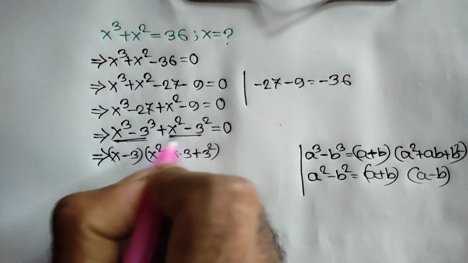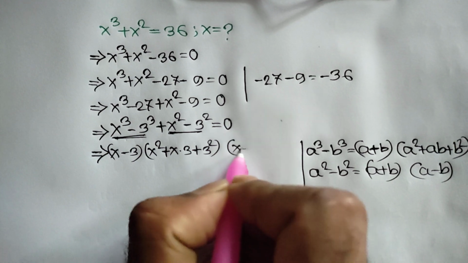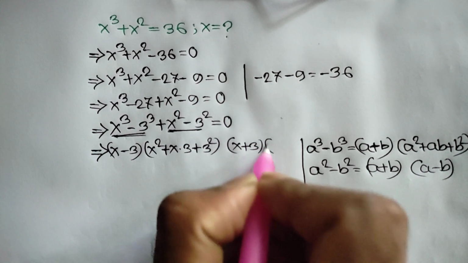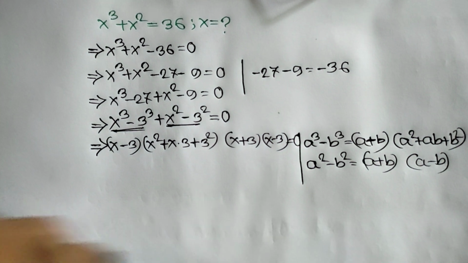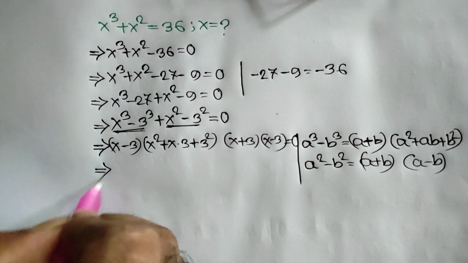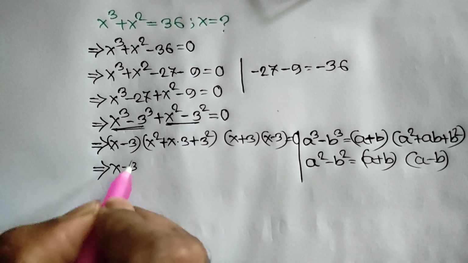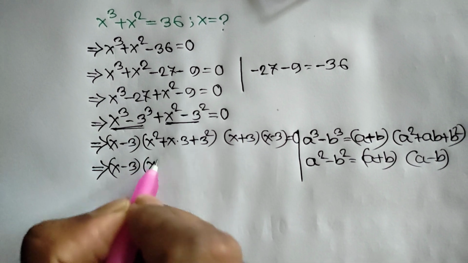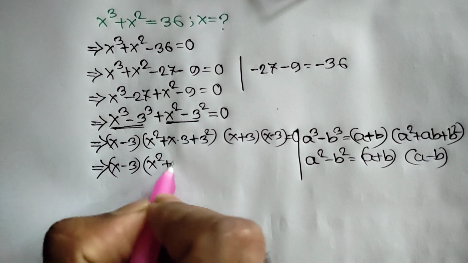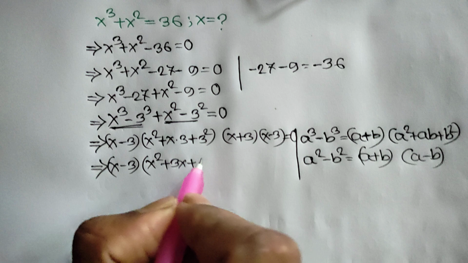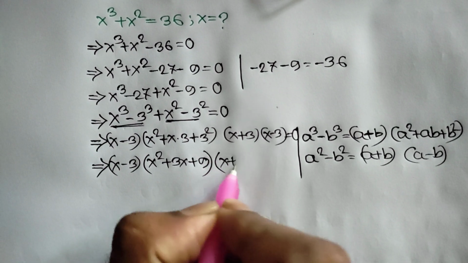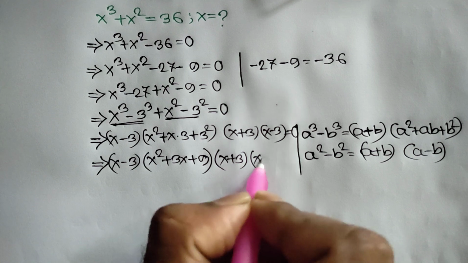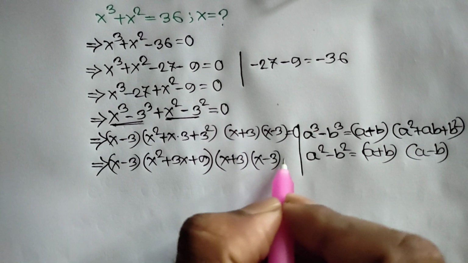So we can write x plus 3 times x minus 3 is equal to 0, or x minus 3 times x square plus 3x plus 9, that means 3 square is 9, plus x plus 3 times x minus 3 is equal to 0.